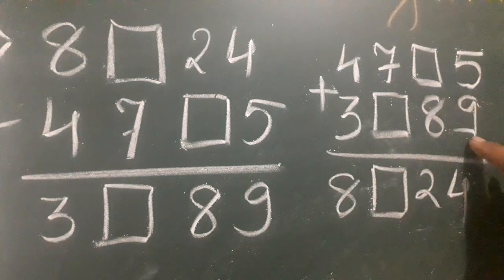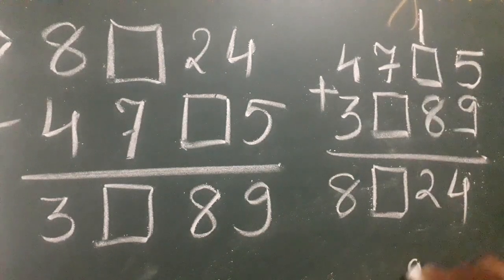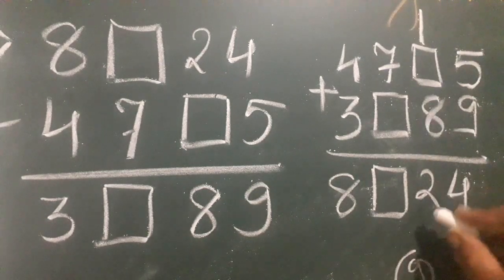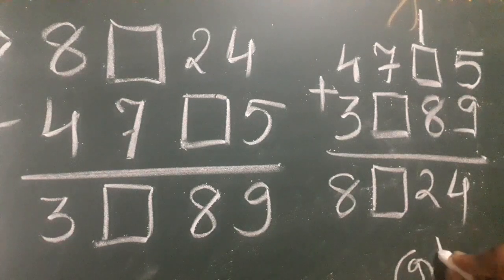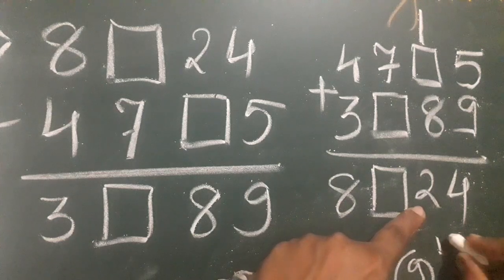Now 9 plus 5, 14, 1 carry over. 8 plus 1, 9. 9 is already there and you want 2 here. Okay, so if you write 9 plus 1, then it becomes 10. So here you should have the units digit to be 0, which is not there. So this is not the correct option.